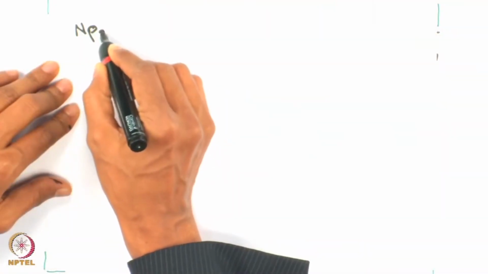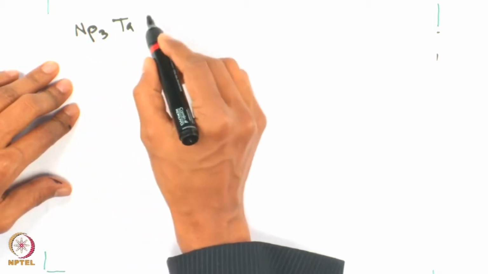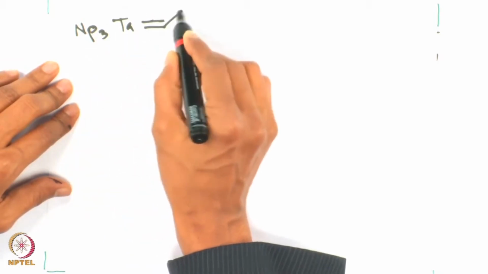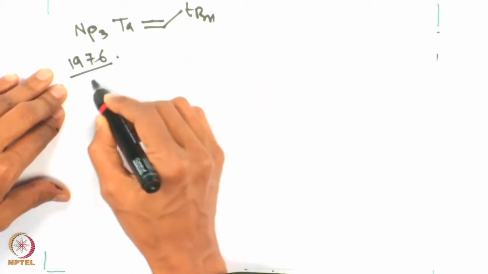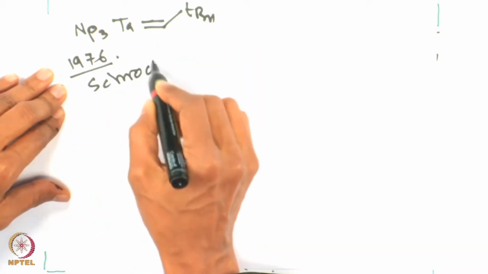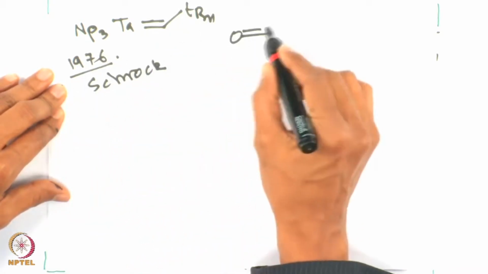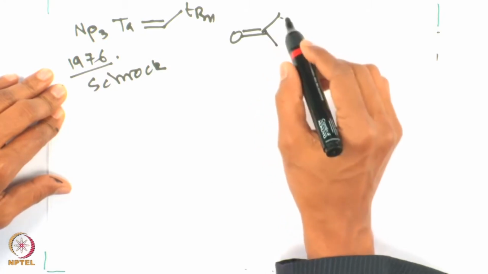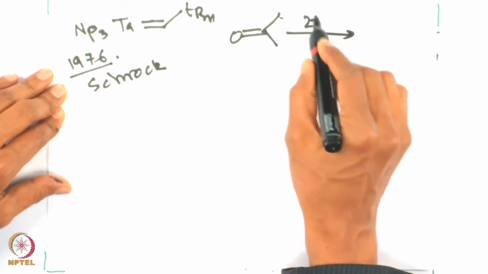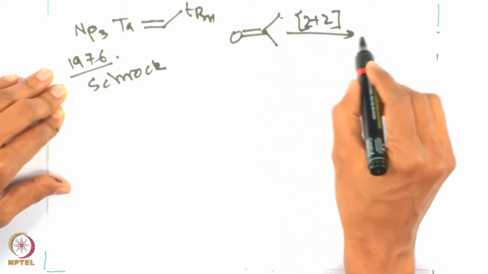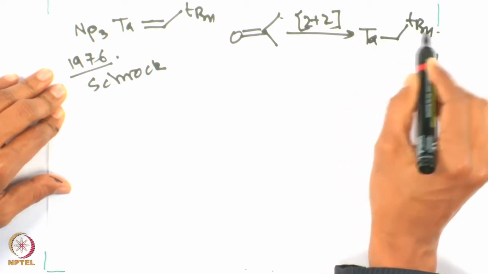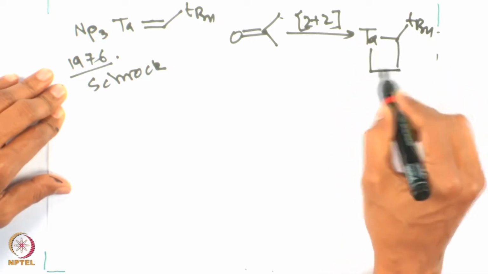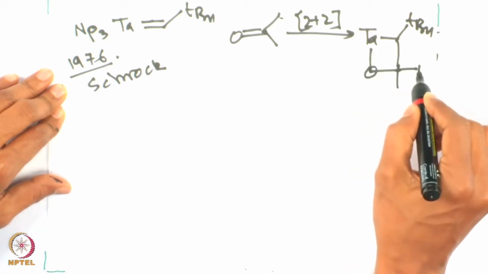Now, this was done by Schrock in early 80s, 1976 rather, 1976 by Schrock. He reacted his Schrock catalyst, which became famous later on, with an olefin to give an intermediate which looks like just your Wittig intermediate.